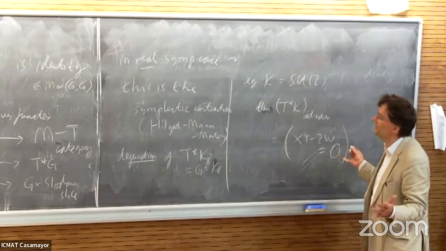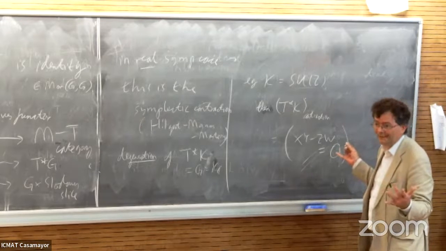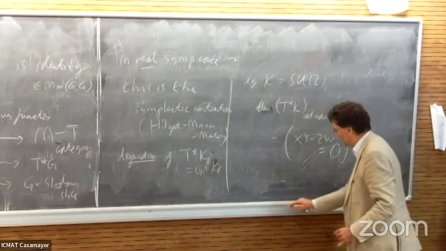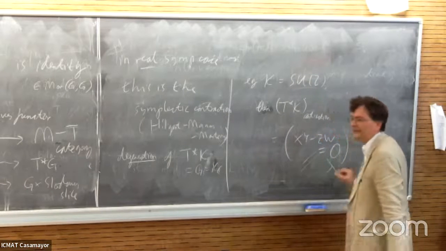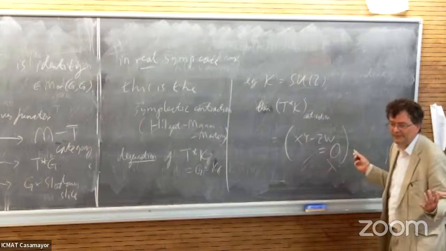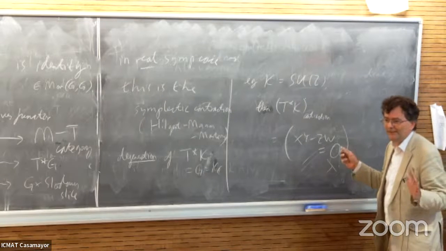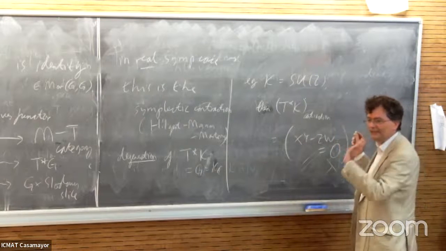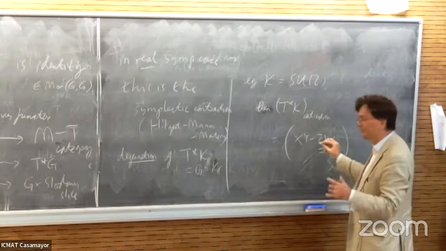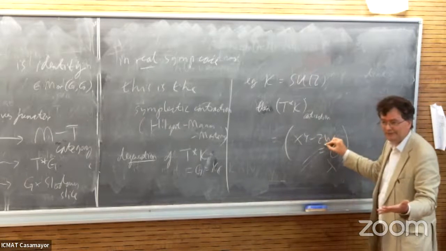So this is an example. I think it's the Vinberg monoid construction, but of course, if we replace that by lambda and vary lambda, we're just getting 2 by 2 complex matrices, but that can be viewed as a degenerating family that degenerates from generic SL2C to the singular thing.